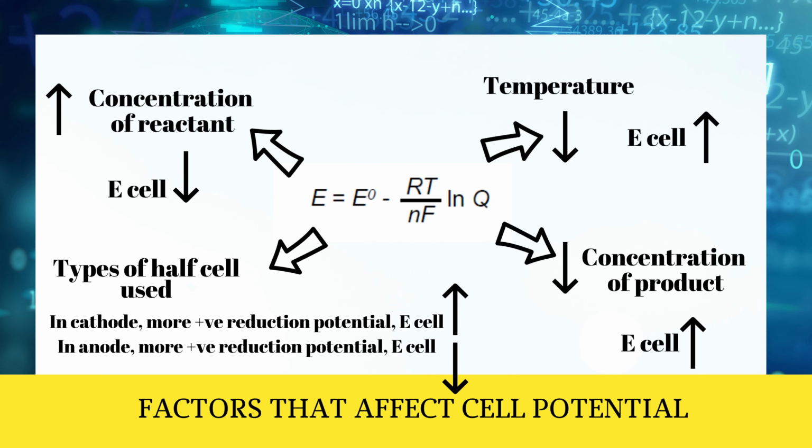So E cell increases when we use a more positive reduction potential. At the anode, if the half cell with more positive potential is used, the cell potential decreases, thus the magnitude of the cell potential decreases.